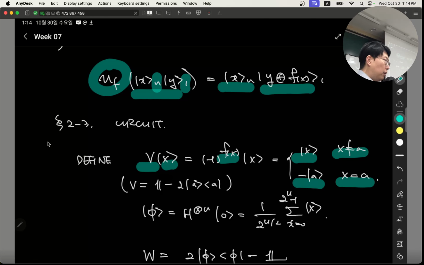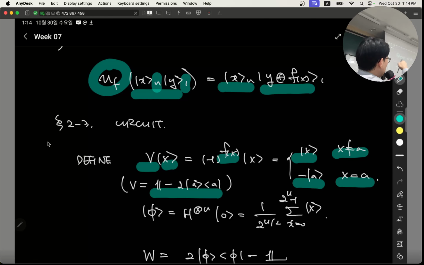Okay? So how do we make such an operator? It's not designed with multiple X and Z gates, but you can define V ideally as the identity operator minus this operator.